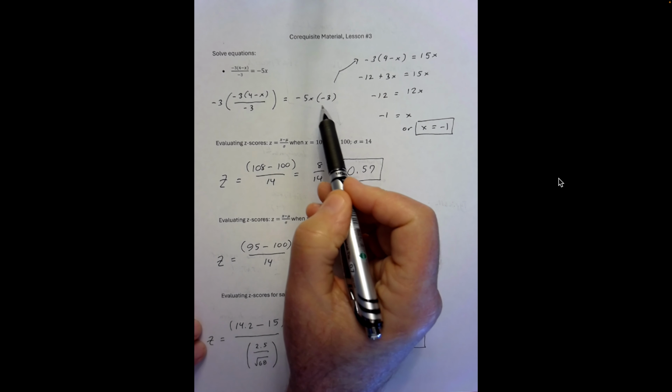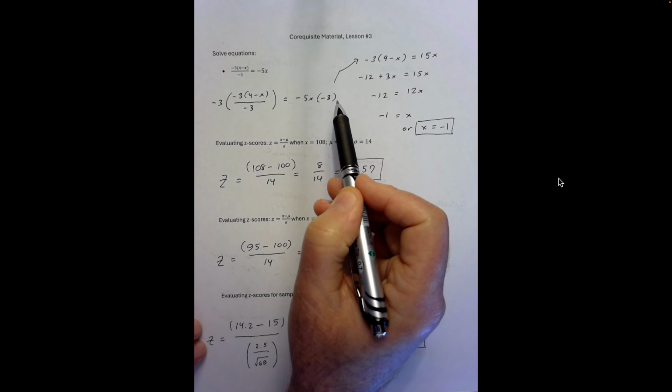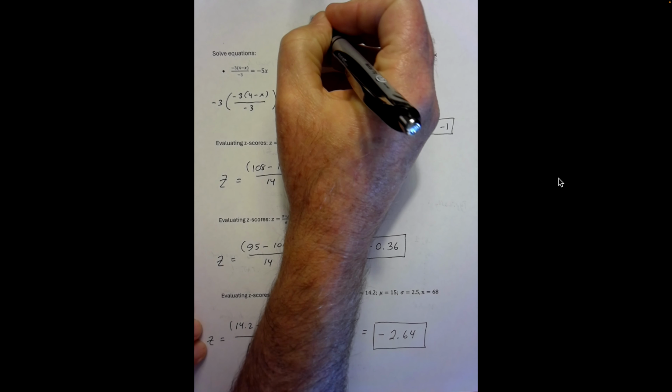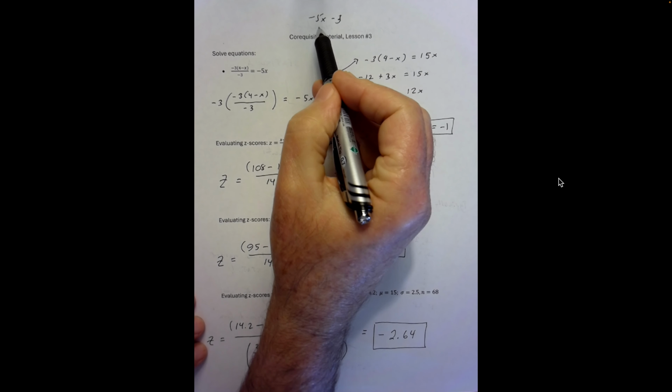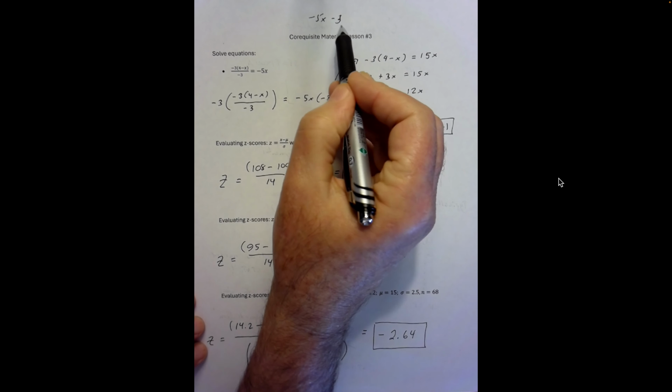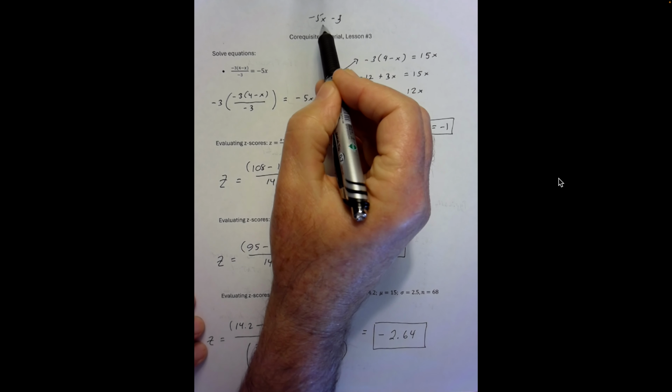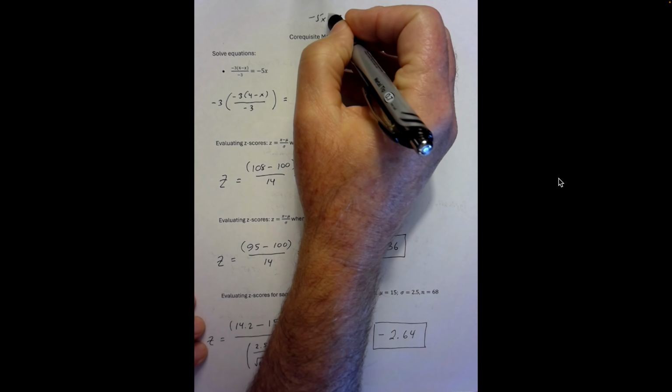Make sure that -3 is in parentheses, because if you just write -5x times -3, you may have the intent of multiplying those, but that's not what this expression is saying. This is saying -5x minus 3, as opposed to taking -5x times -3.